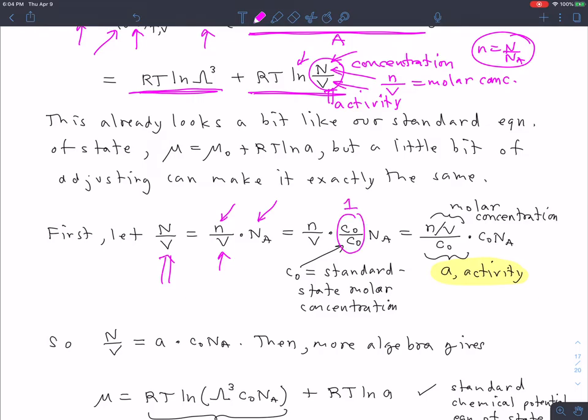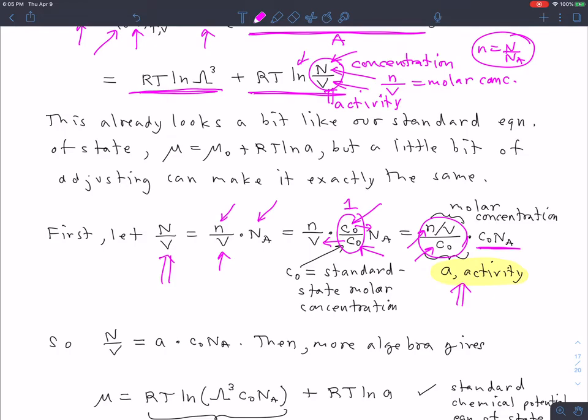This is the standard state molar concentration divided by the standard state molar concentration. Then we put one of those standard state molar concentrations in there, we move the other one over to this side, and we end up with molar concentration divided by standard state molar concentration, and that is activity.